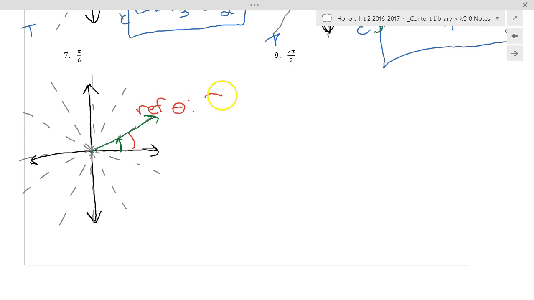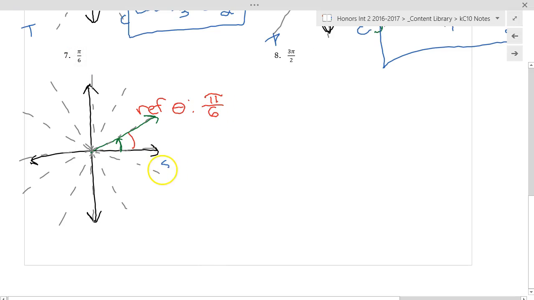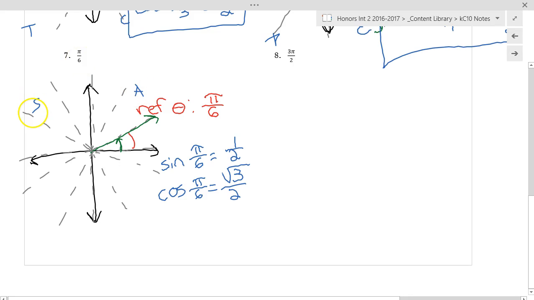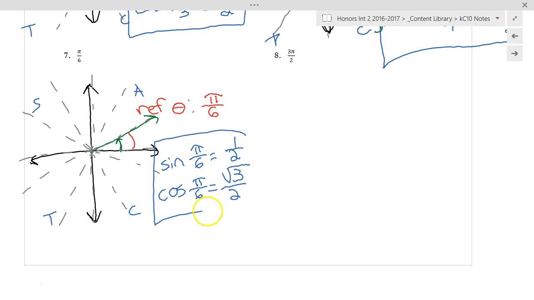Reference angle is simply pi over 6. Looking for my sine and my cosine. Sine of pi over 6 is 1/2. Cosine of pi over 6 is square root 3 over 2. And we are looking for whether it is positive or negative. Again, we have All Students Take Calculus. This is A. That means it is positive for both the sine and cosine.